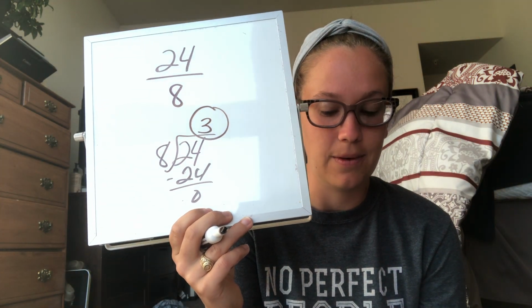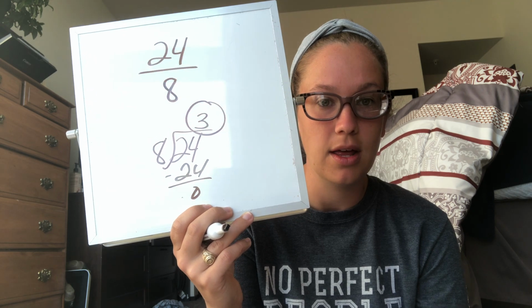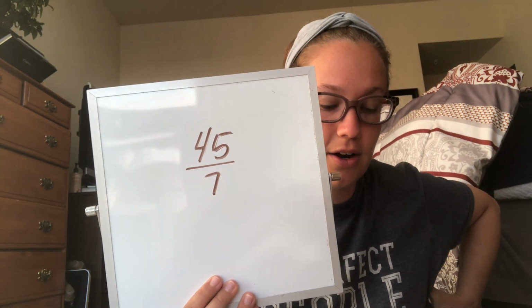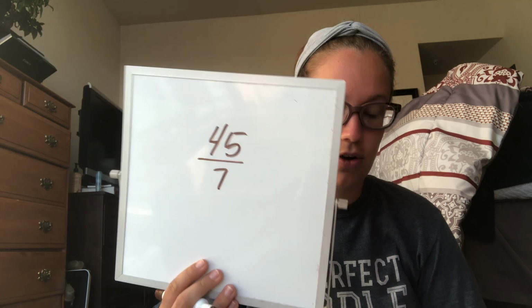That one's pretty simple. It came out to be a whole number. But let's try one that doesn't come out to be a whole number. Let's do B together. And go ahead, I want you to try to jog your memory before I tell you how to do this. But you have 45/7. You work that on your side, I'll work it over here. We'll see what you get. 45/7.